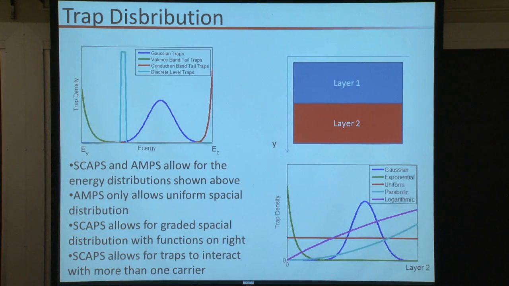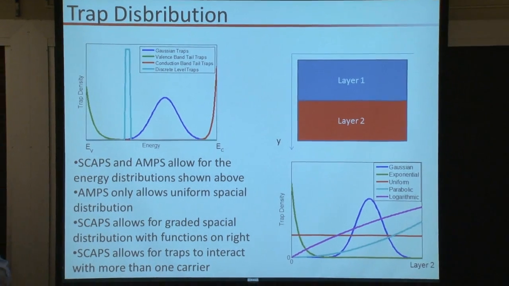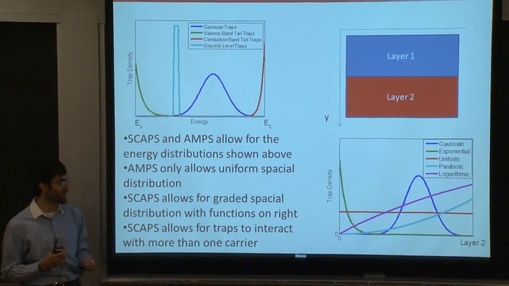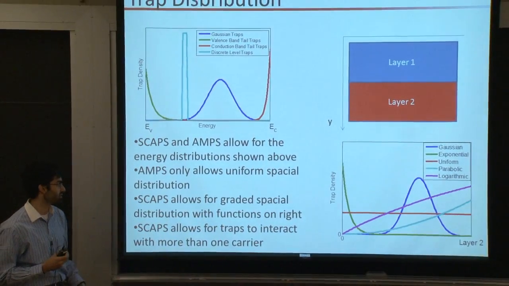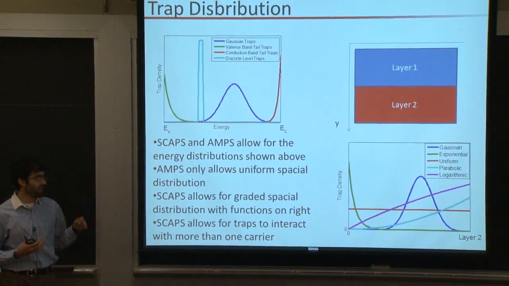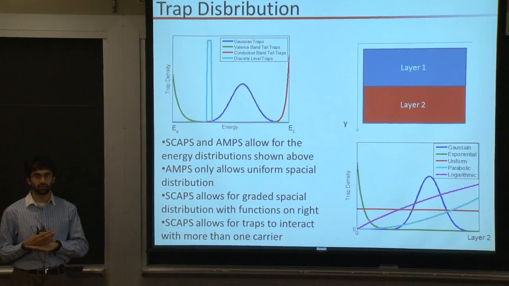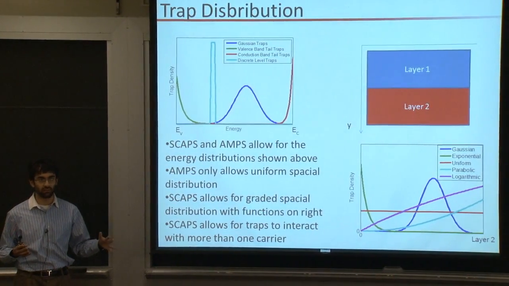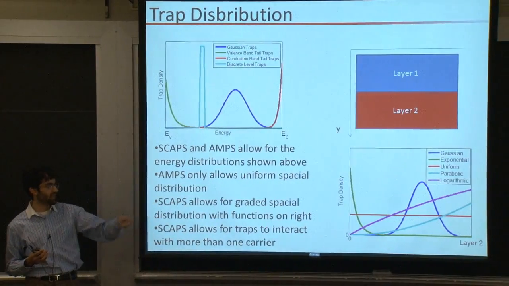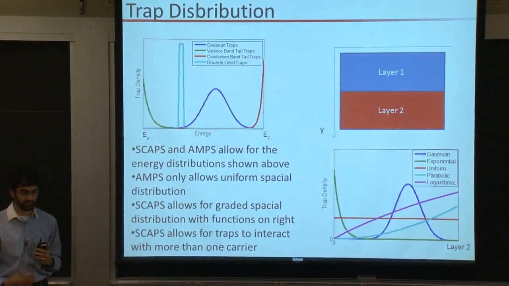At the same time, SCAPS allows for spatial non-uniformities for traps. For example, if I have a layer with a lot of traps at the top but not that many by the bottom, I can model that in SCAPS. However, in AMPS, I can only model a uniform distribution of traps spatially, so I can't have any Gaussian distributions or anything like that.